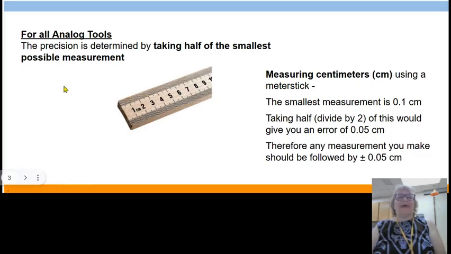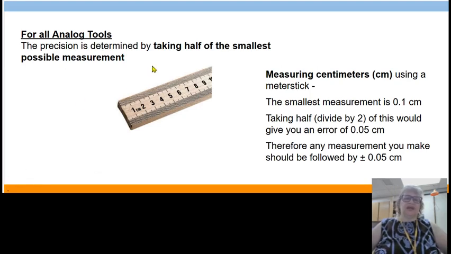Analog tools are tools that don't have a digital readout, right? The precision is determined by taking half of the smallest possible measurement. For example, a meter stick is an analog tool, and rulers are analog tools. If you're measuring in centimeters using the meter stick, the smallest measurement that you can make would be 0.1 of a centimeter.